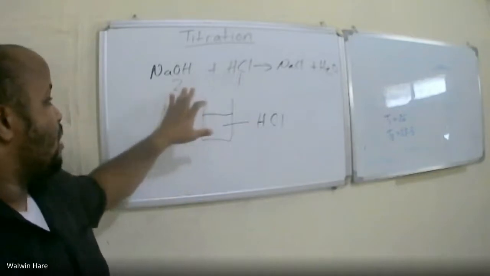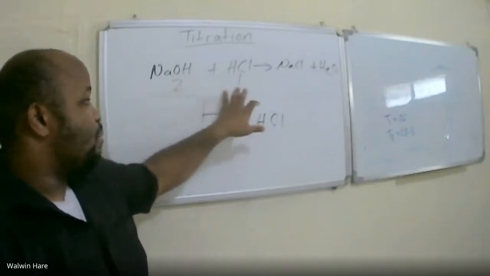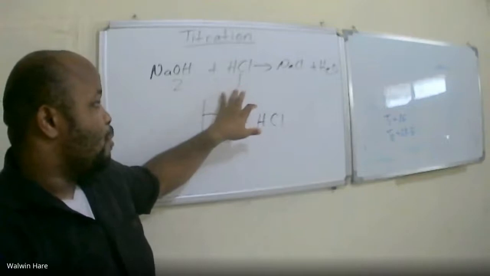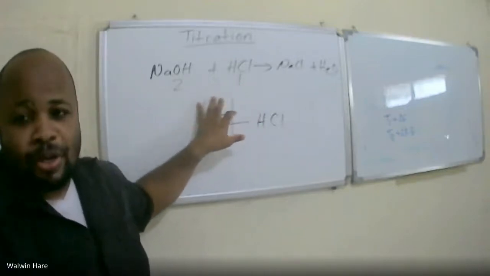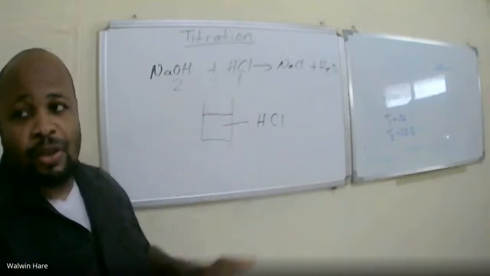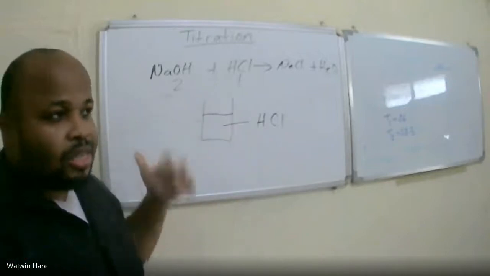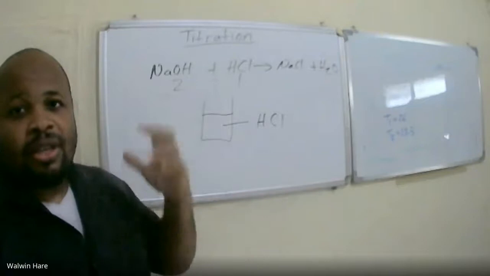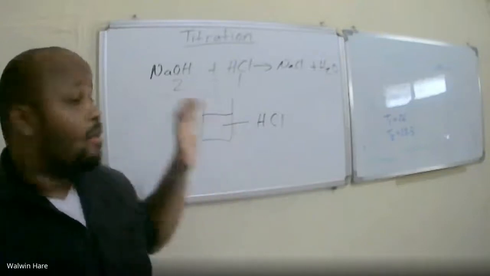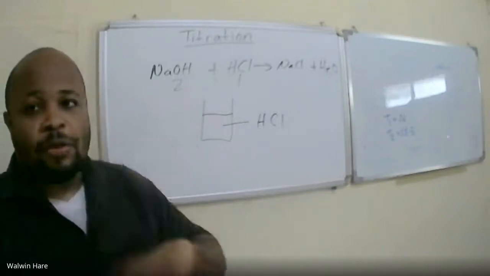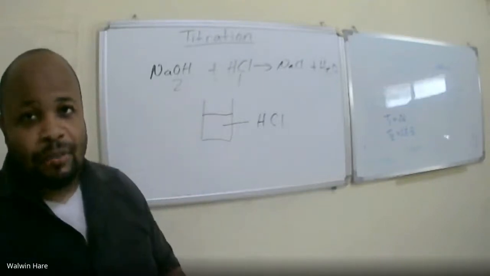So when 2 moles of sodium hydroxide would have reacted with 1 mole of HCl, they would have neutralized each other. The endpoint is where the indicator changes color. But next week's class, we will look more at indicators and how to select the different types of indicator. For this class, I just want to focus on the calculations.